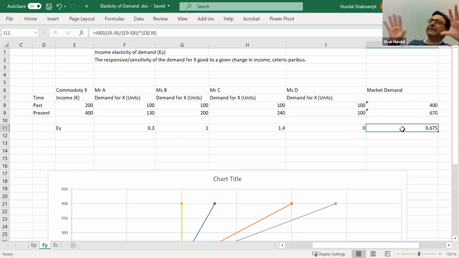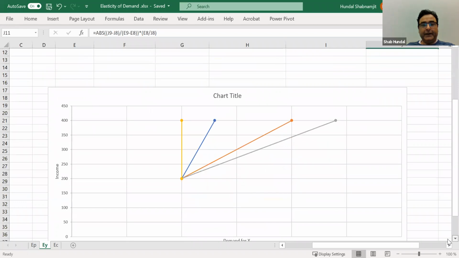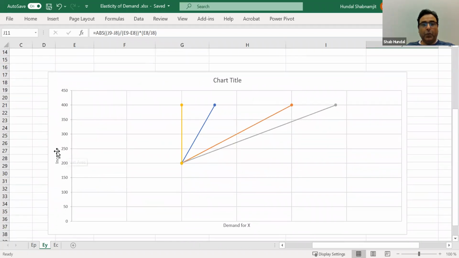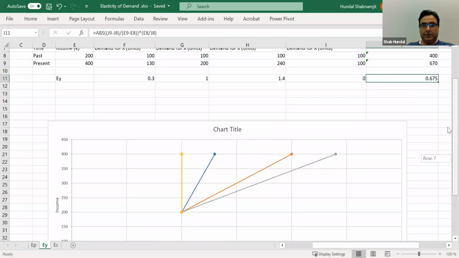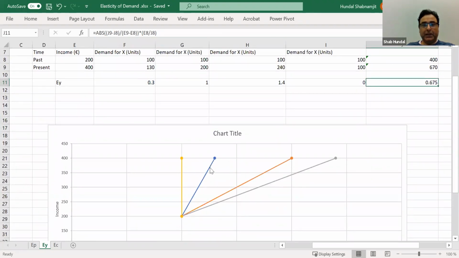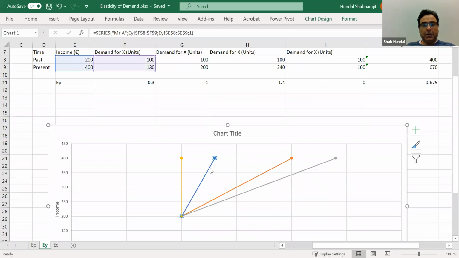It means that this market is basically middle income consumers whose reaction is very measured and very calculated. And you can see here that if I take the income on the y-axis and the demand on the x-axis, this blue line is less reactive, and you can see again that when the reaction is less, the slope is sharp.